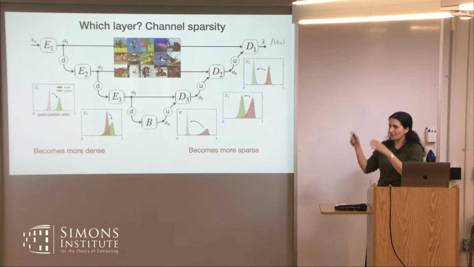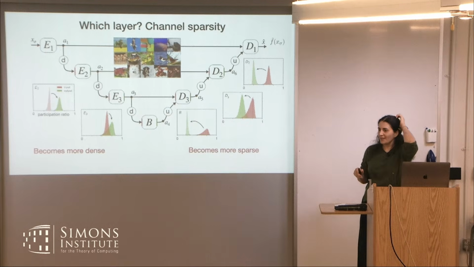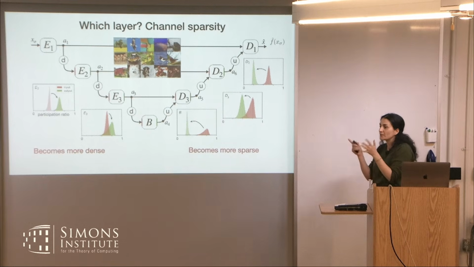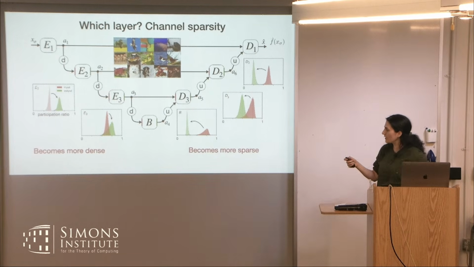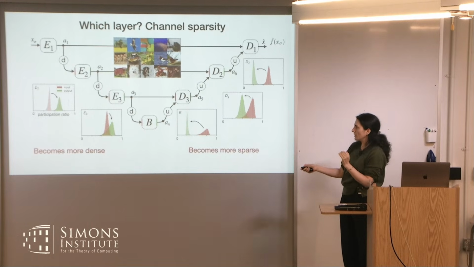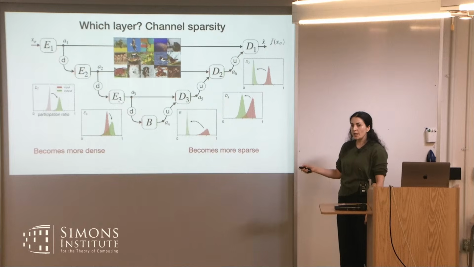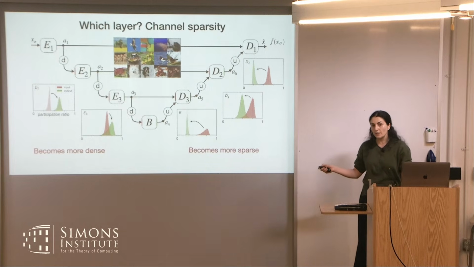Okay, so I said all of this in order to go back to the UNet and see where the denoising is happening. This model is trained on ImageNet, and each one of these insets shows the histogram of the participation ratio of the representation on the input side and on the output side of the block.